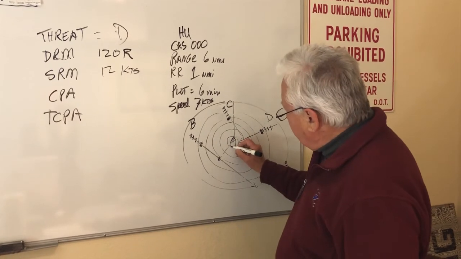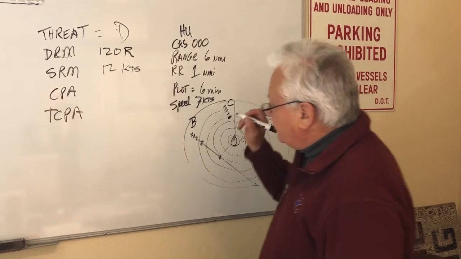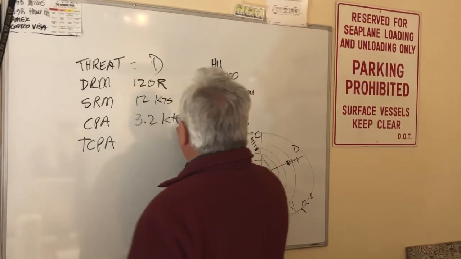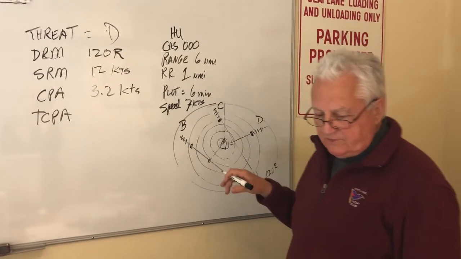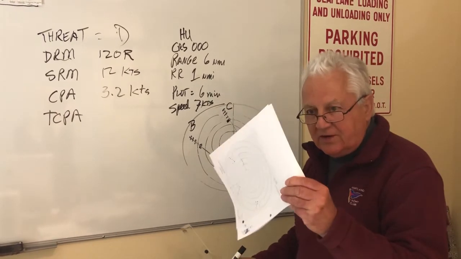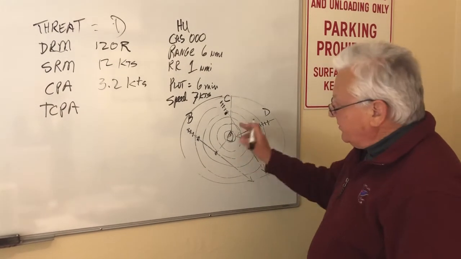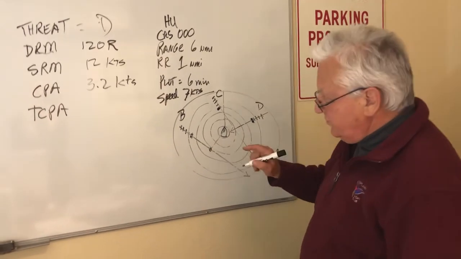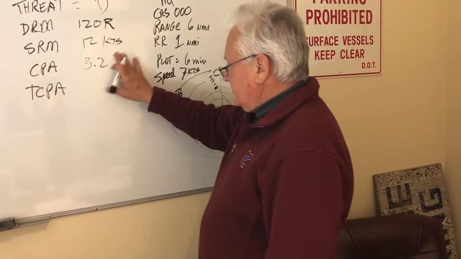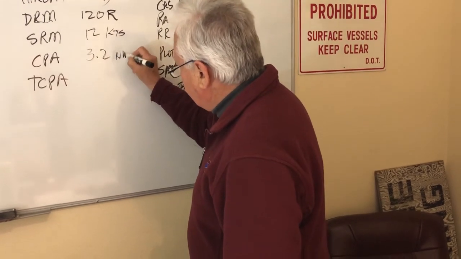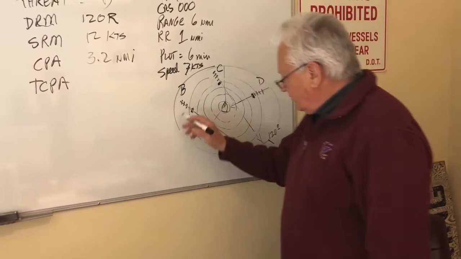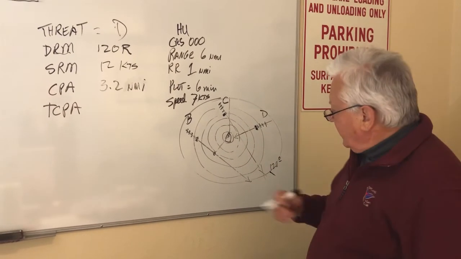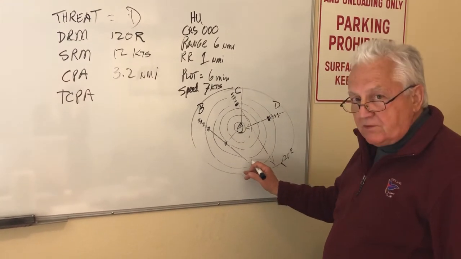So that's going to be 1, 2, 3 point, let's say closest point of approach. According to how I'm drawing it here, who knows on the actual question. I'm just drawing it out here. So the closest point of approach, range ring, 3.2 nautical miles. So the closest this vessel will get to us is 3.2 miles away from us. And after this point, it gets farther and farther away.